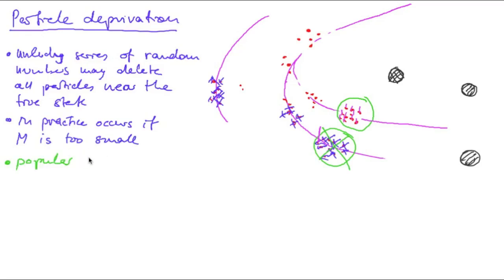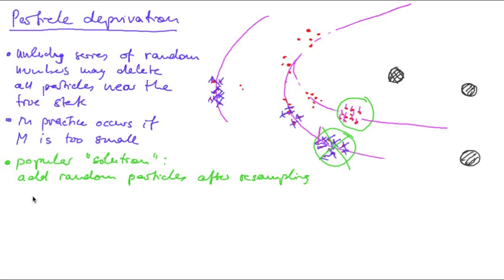And one popular measure, which is not really a solution to that problem, is to add some random particles after resampling. So it is not really a solution because still the problem might occur, but this at least reduces the probability of a wipeout.